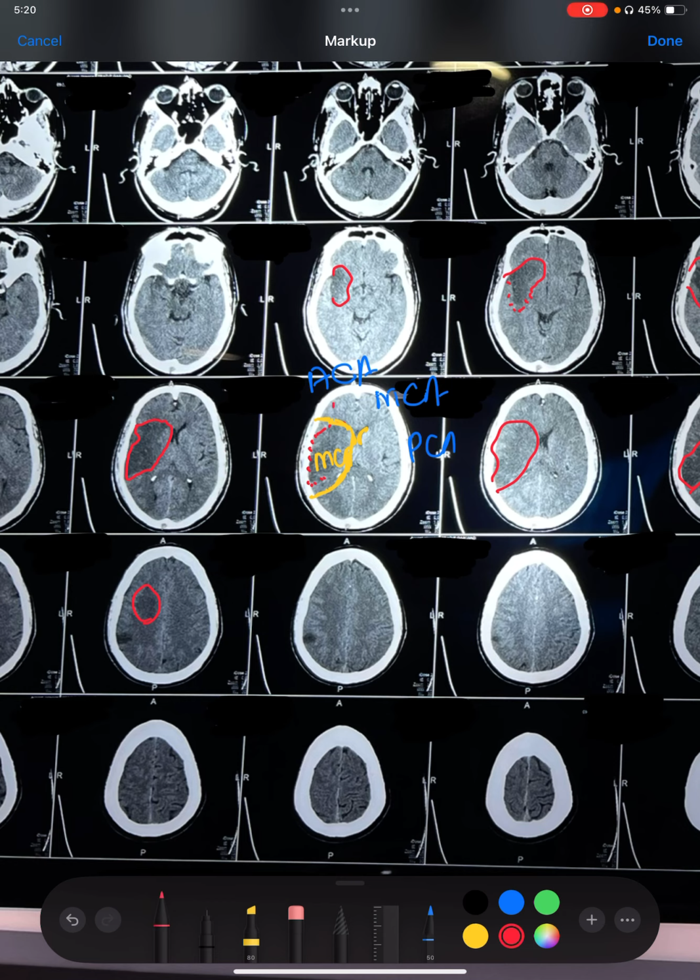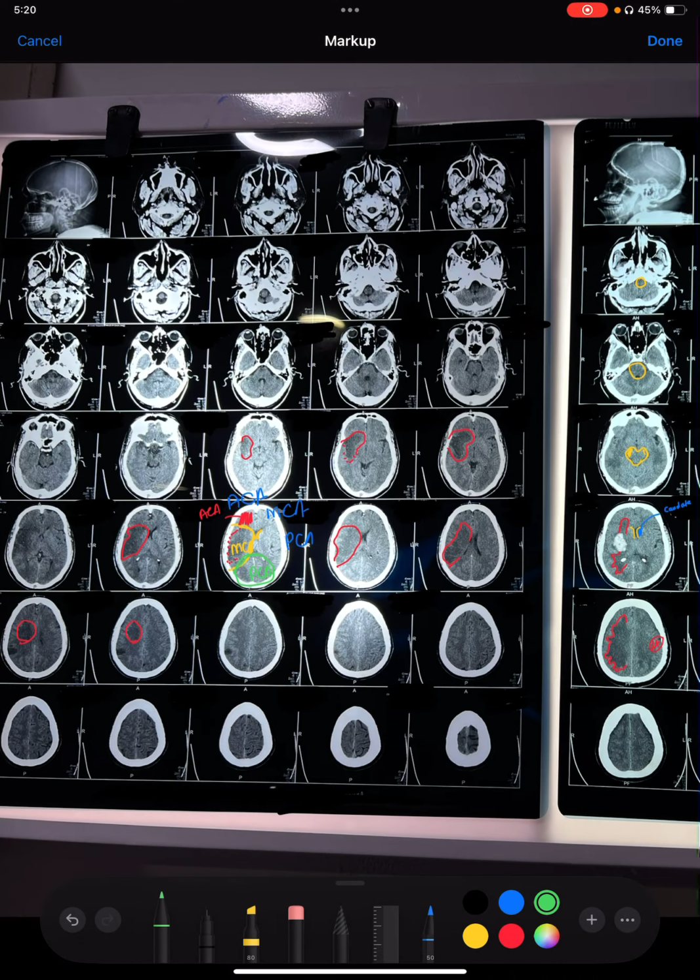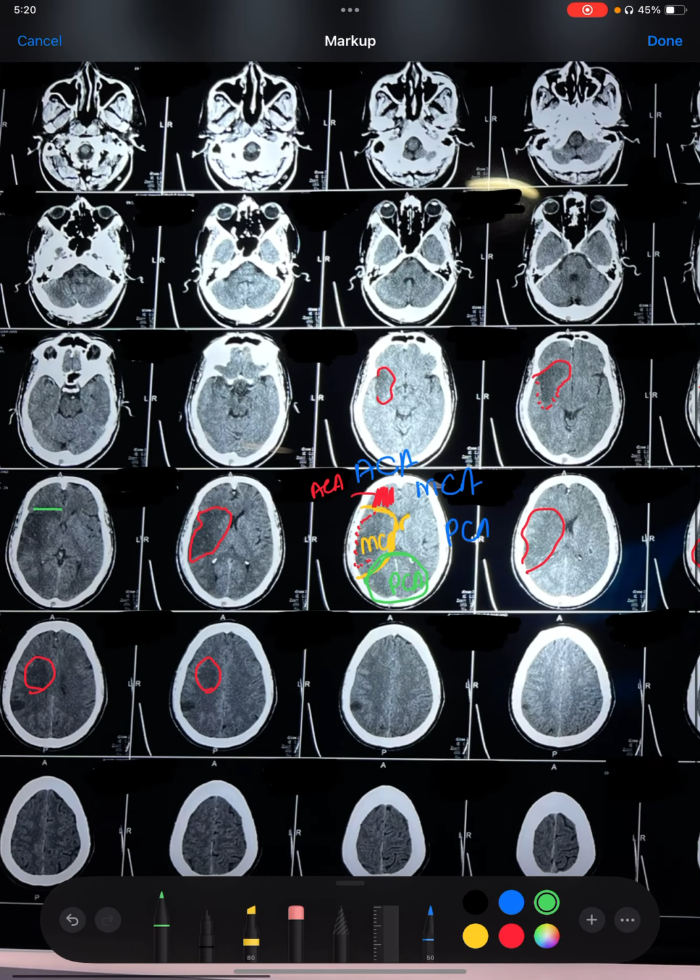This front area is all anterior cerebral artery, and this posterior aspect is all posterior cerebral artery. So this is very easy. This is very typical of a right middle cerebral artery infarct.